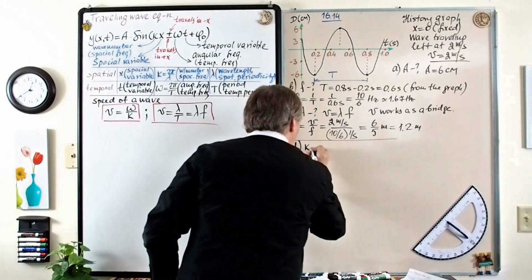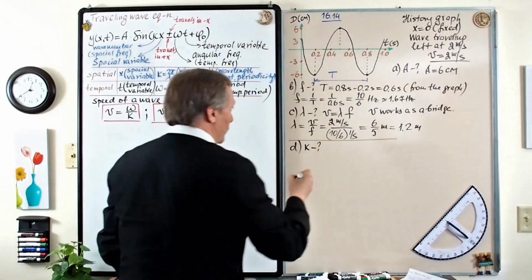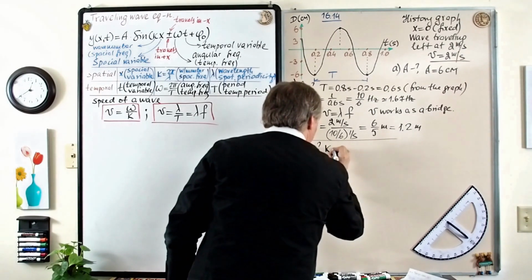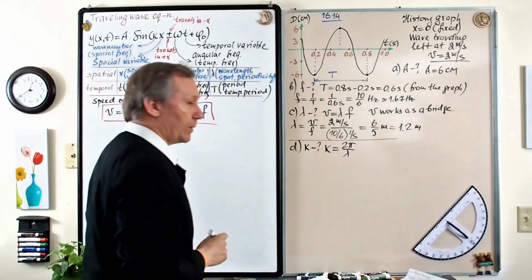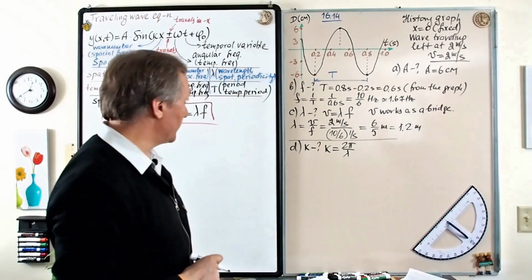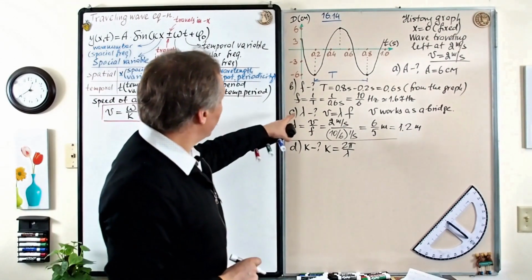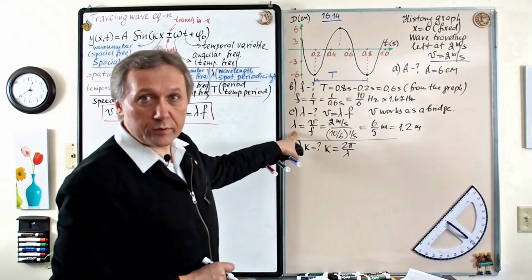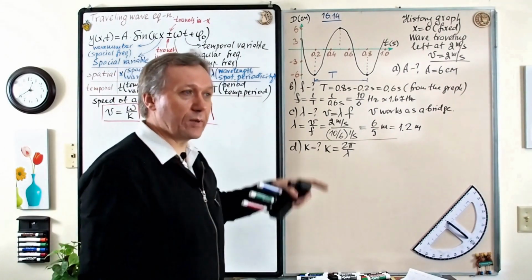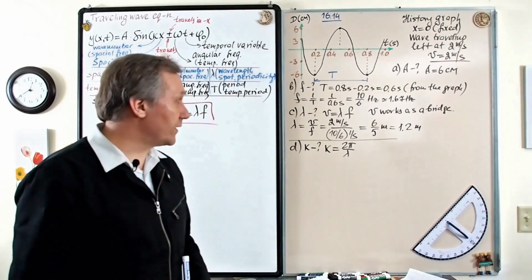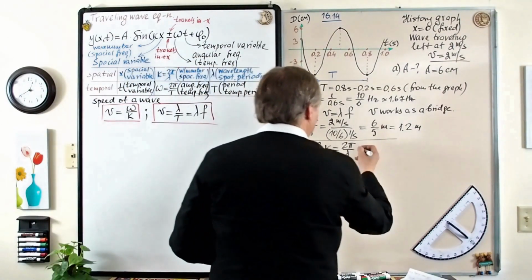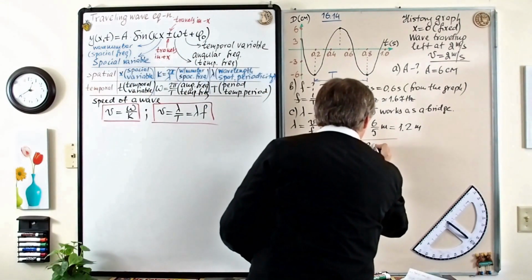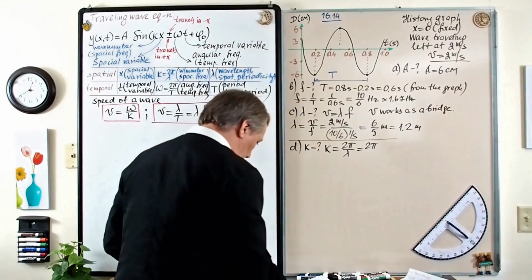By definition, that's how we introduce K: 2 pi divided by lambda. Lambda we already found, so finding the rest of the spatial parameters can be very easy. 2 pi over 1.2 meters.